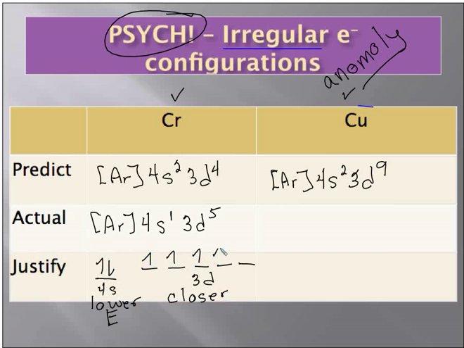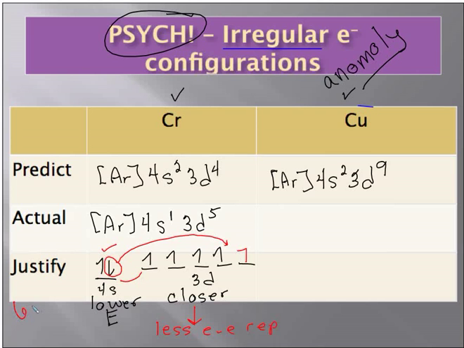Now, what we predicted would have looked something like this, but these are so close in energy here that what this electron can do, as it seeks to maximize getting closer to the nucleus while minimizing electron repulsion, if this electron hops up to here, do you notice that it will have less electron-electron repulsion because it went from being paired to all being unpaired.